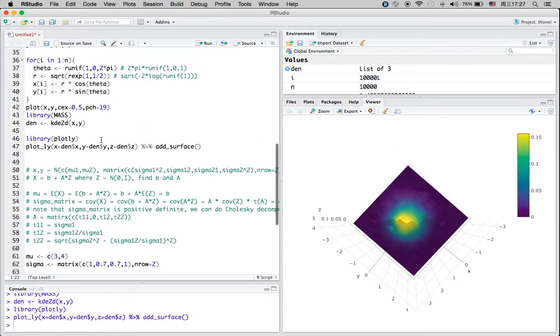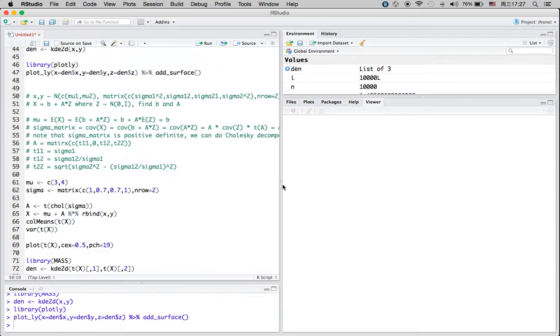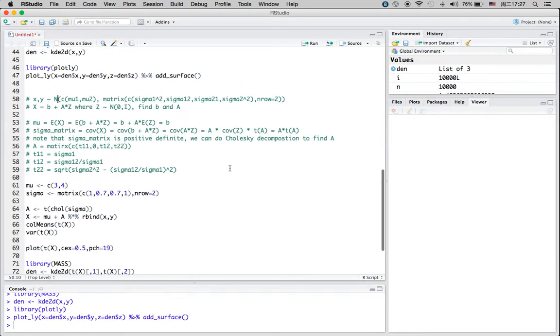So now let's say we want to generate a bivariate normal distribution, but with some mean and sigma, where there is a covariance between them, so x and y are not independent. How are we going to do that in R?